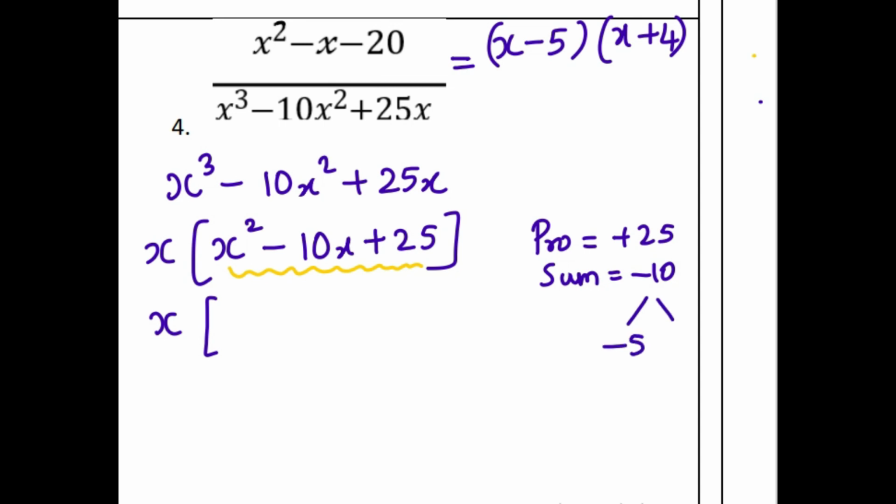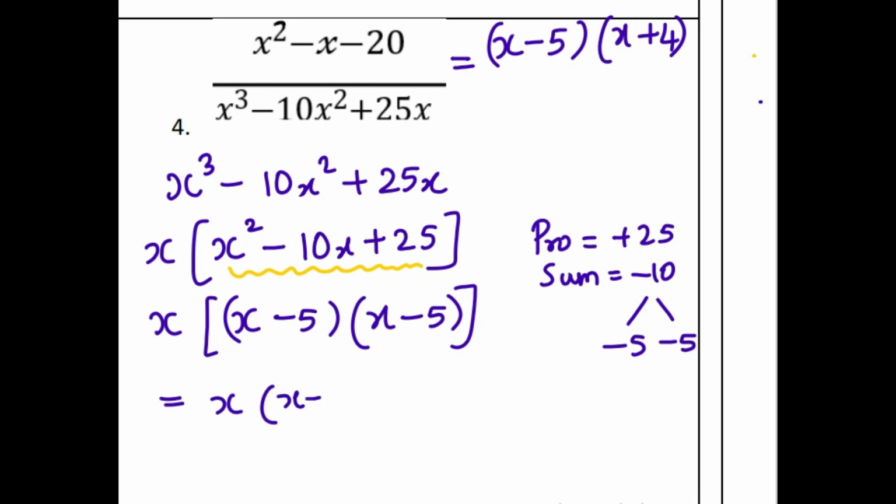You have the two numbers, negative 5 multiplied by negative 5 giving you a plus 25, and negative 10 is the sum of these. So I'll just directly write it as x minus 5 and x minus 5 being the factorized form of this expression. Now you can see my denominator is also factorized.